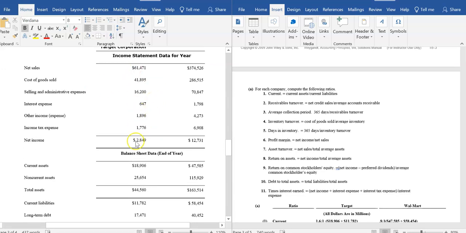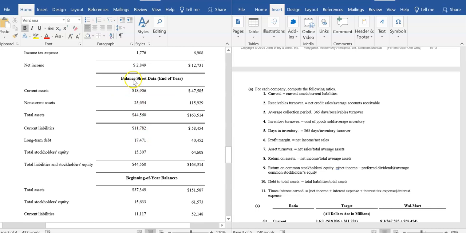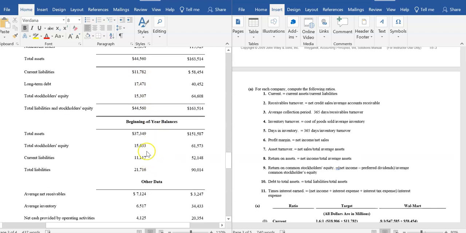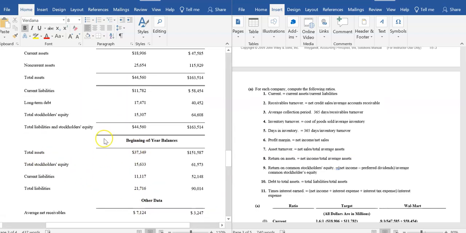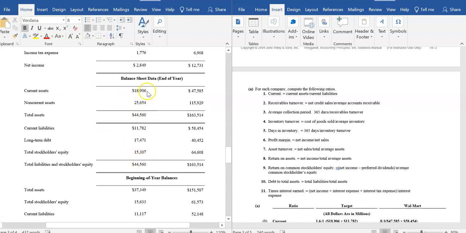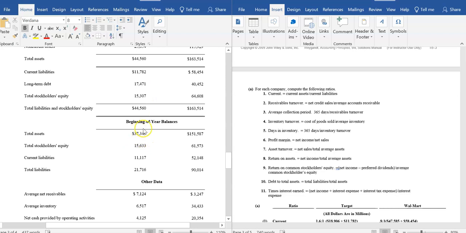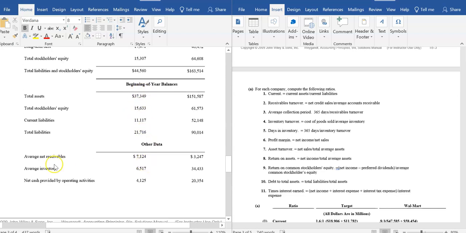But here we have income statement information for the year and balance sheet information for the year. They also gave us some additional information here, some beginning of year balances, because remember, all of the balances reported in the financial statements are end of year balances, and we are probably going to need some beginning of year balances to do some of our ratios.